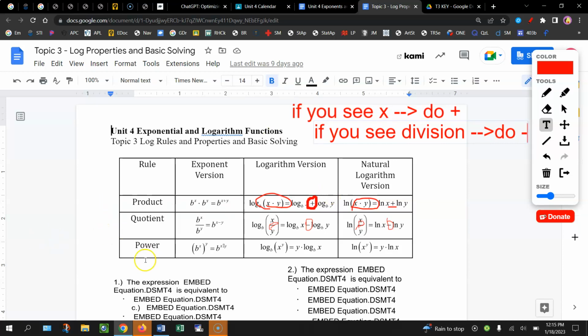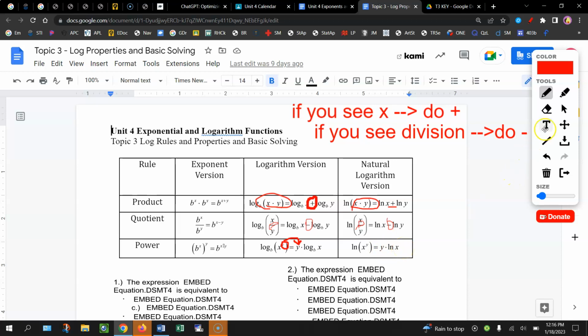And the last rule, the power rule, for exponents, when you had a power raised to a power, you multiplied. So now for us, when we see an exponent or a power, we're going to multiply it down front. So the log of x to the y becomes y times log x. Same thing here. The natural log of x to the y becomes y times the natural log of x.